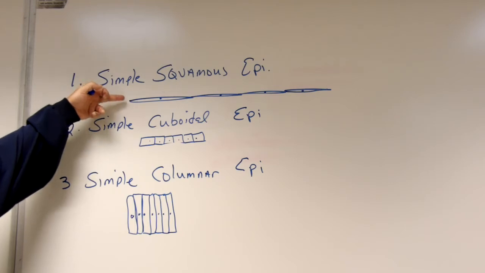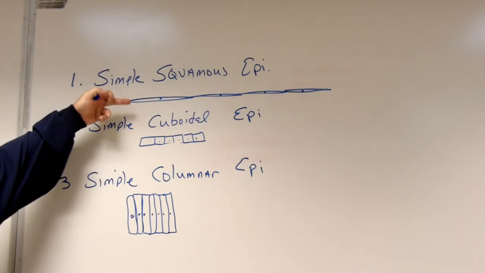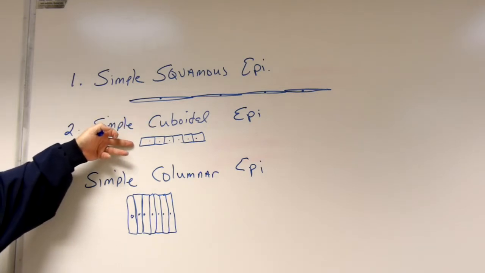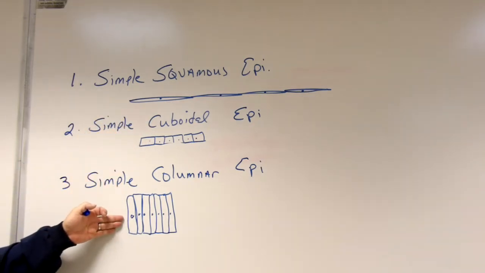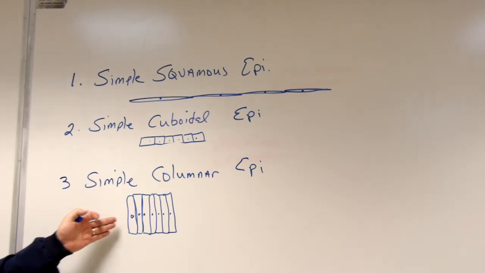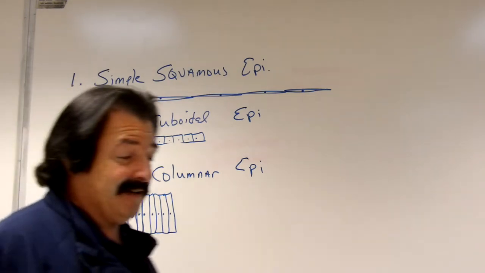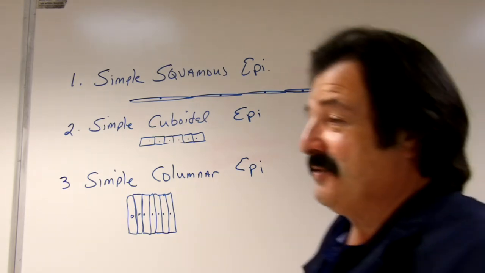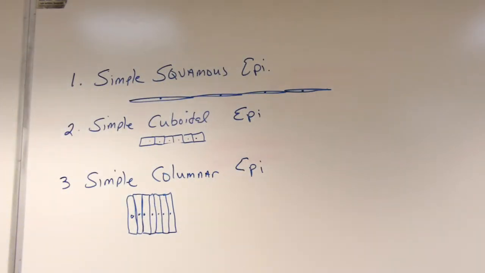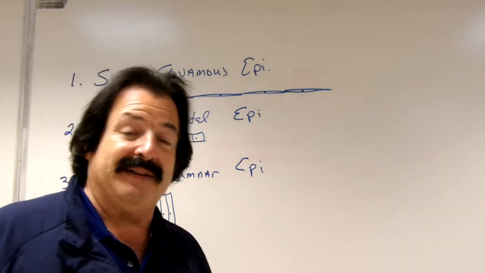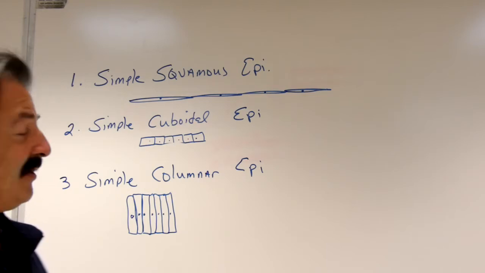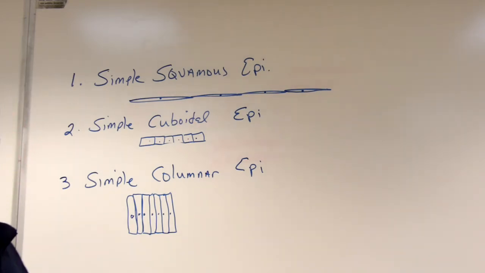In the lung, don't really need a lot of strength. Squamous will do. In the kidneys, cuboidal gives us a little more rigidity. But where simple columnar is found, if you're looking in your lab book, is found in the small intestine. Specifically, the one that they're using is the jejunum. All right? The jejunum is the middle section of the small intestine. First you have the duodenum, the jejunum, and then the ileum. And of course, these cells exist in all three of those sections of the small intestine.